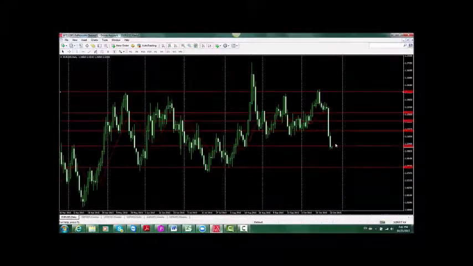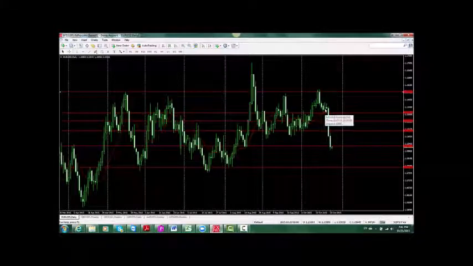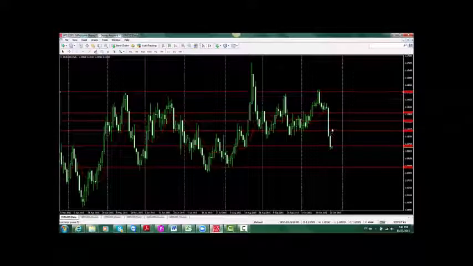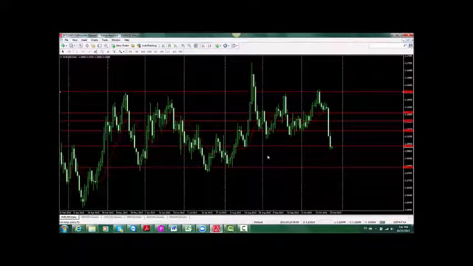Let's take a look at the daily chart here. We have seen quite a drop in the euro, in terms of the daily here, a very inefficient move. So now we may see a potential pullback, but right now the momentum is to the downside.